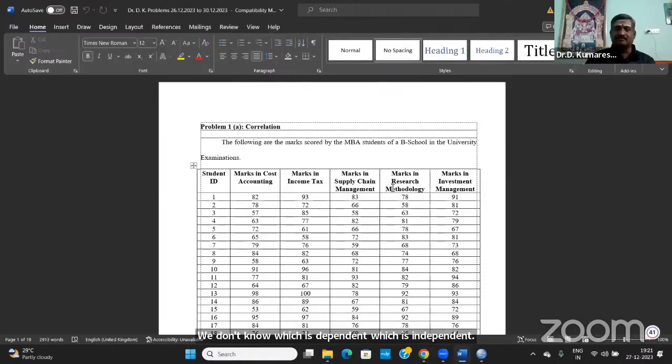There are two variables: variable 1 is called X, variable 2 is called Y. We have two regression equations: regression equation of X on Y, and regression equation of Y on X.